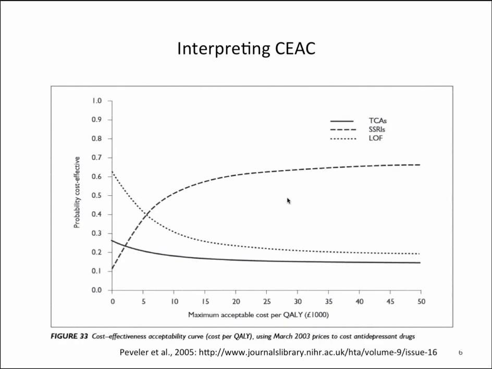Let me now show you a CEAC graph that came up in a recent exam. You can see that there are three CEAC curves depicted here. One for tricyclics, shown by a continuous line, one for SSRIs, shown by a dashed line, and one for lofepramine, shown by a dotted line.